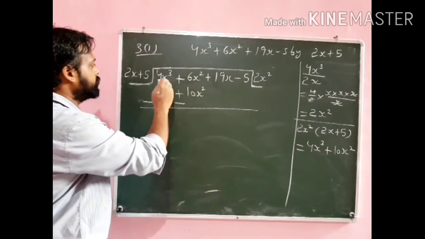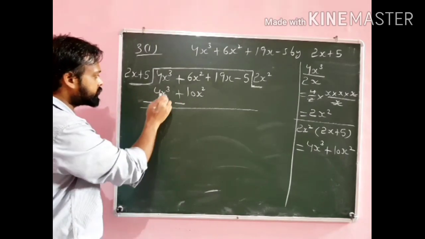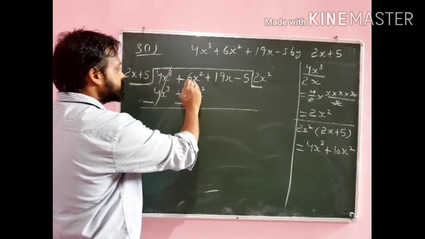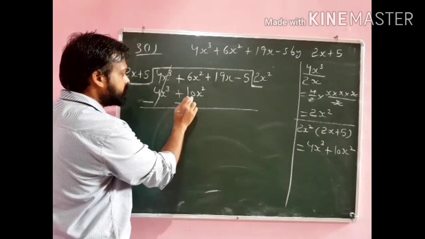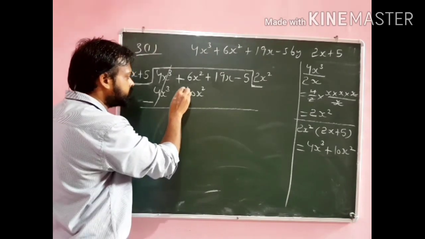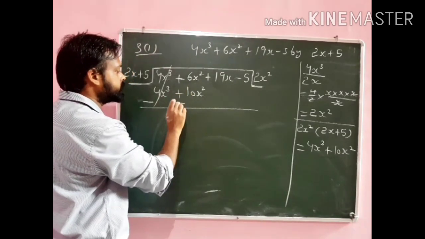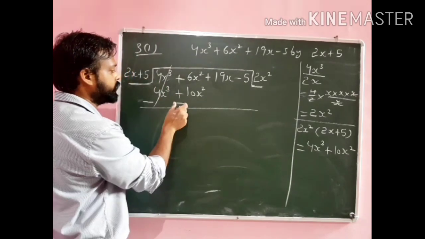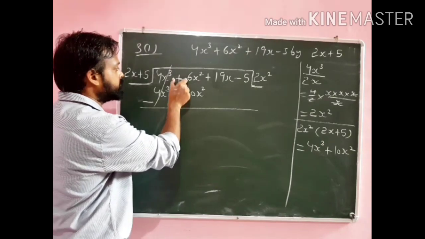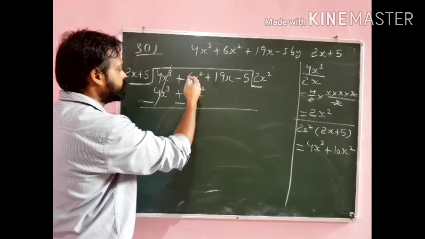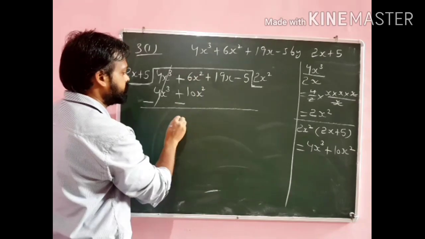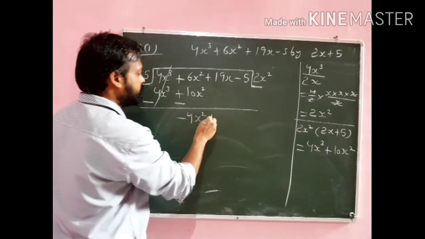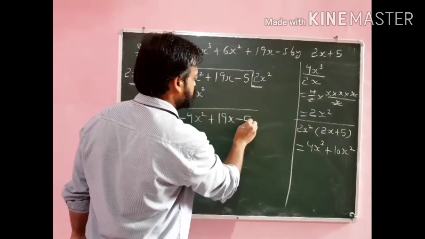Now this 4x cube and minus 4x cube have opposite signs and cancel. Then 6 has a positive sign and 10 has a negative sign. Don't look at the plus sign; just consider in your mind that it is minus. So 6 minus 10 will become minus 4, with x square as it is, and write down the other terms here.